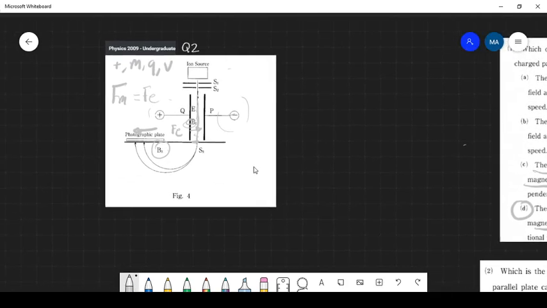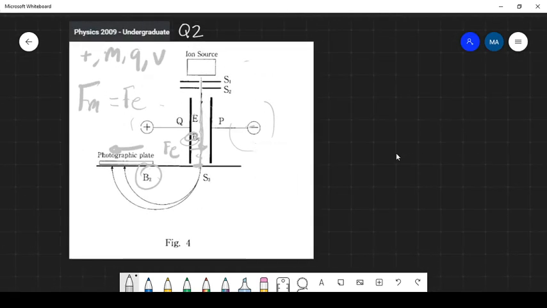He's asking that if your positive charge is going with constant velocity over here, what is the direction of the magnetic field B1? Where does it point to?